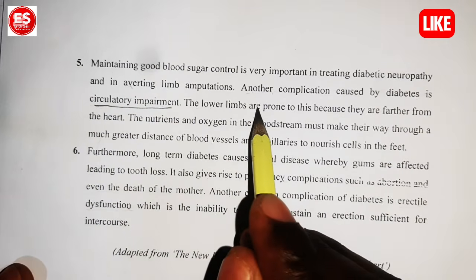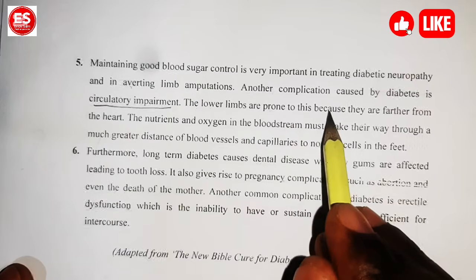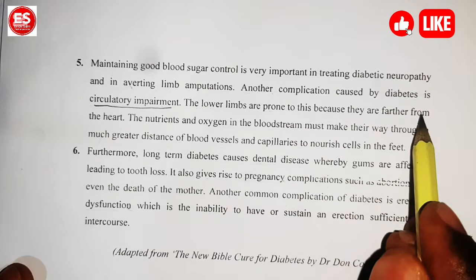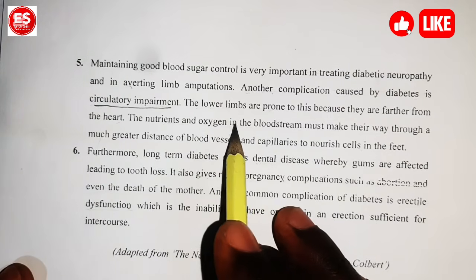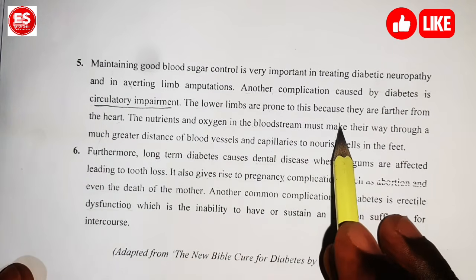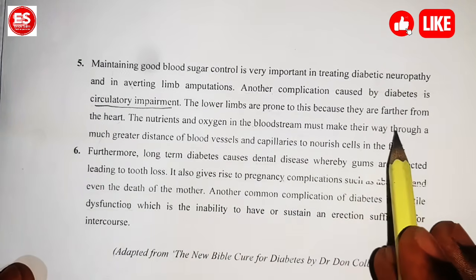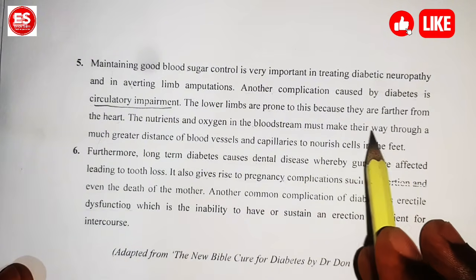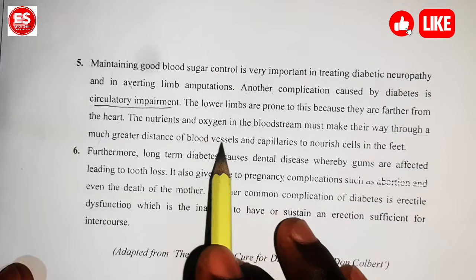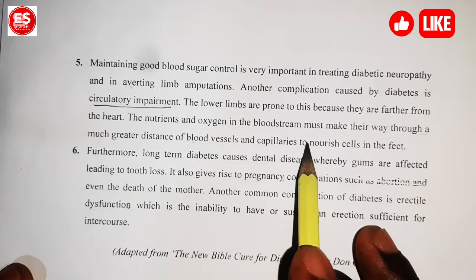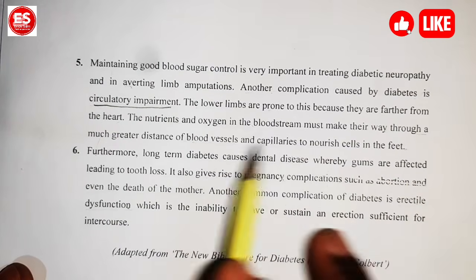The lower limbs are prone to this because they are further from the heart. The nutrition and the oxygen in the bloodstream must make their way through a greater distance of blood vessels and capillaries to nourish cells in the feet.